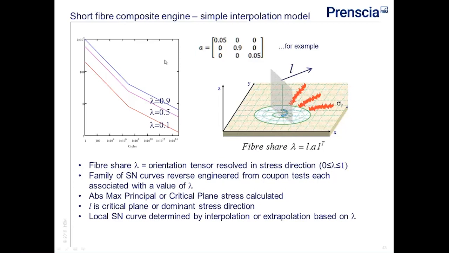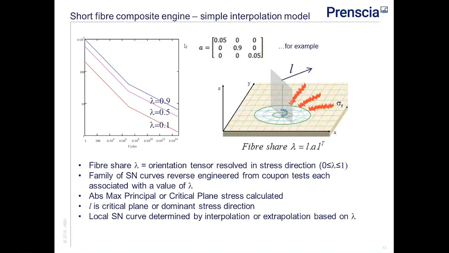What does this fibre share mean? Well, basically, it is a resolution of the orientation tensor in the direction that we're looking at. So, for example, if I had a fibre share of 1, that would mean that all my fibres were perfectly aligned with the loading direction. If I had a fibre share of 0, that would mean that all my fibres were perfectly at right angles to my loading direction.